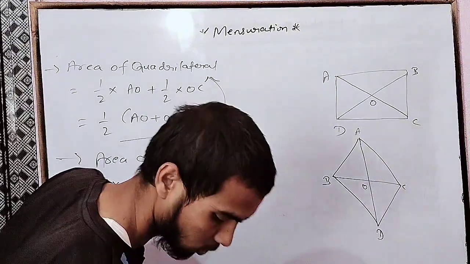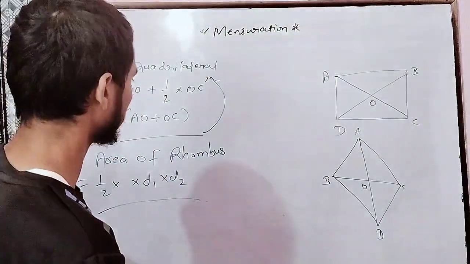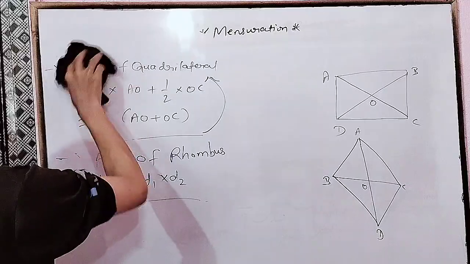Now next, to find the area of polygons other than these, what will it be?